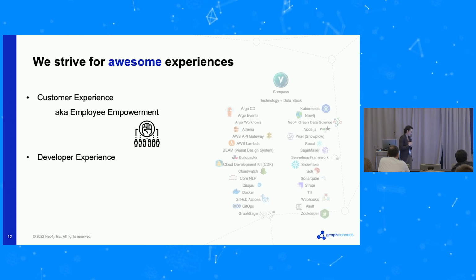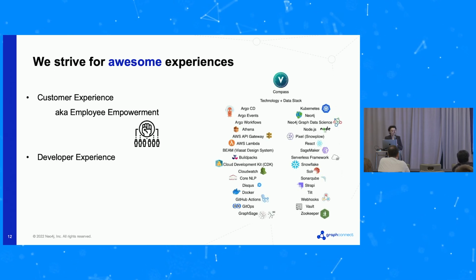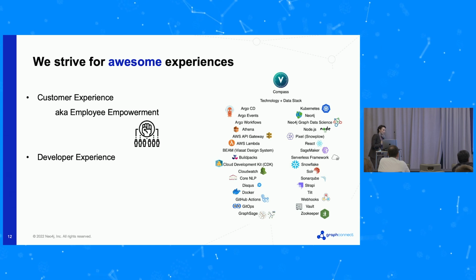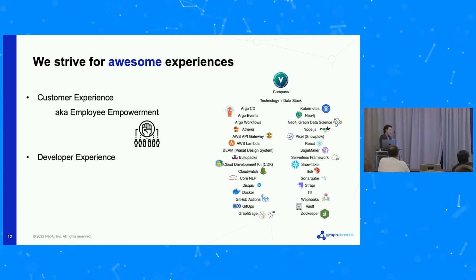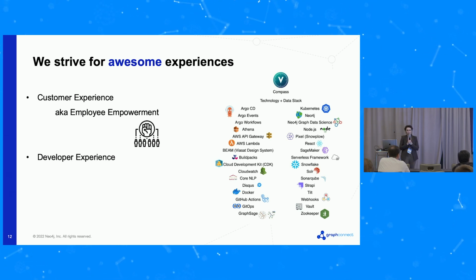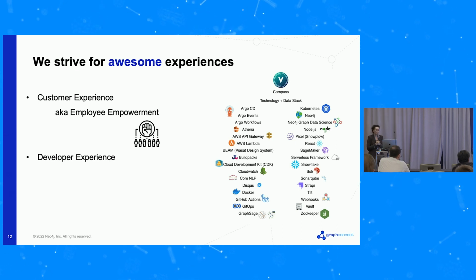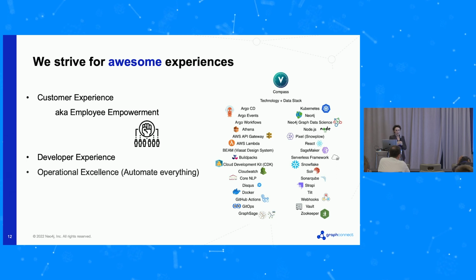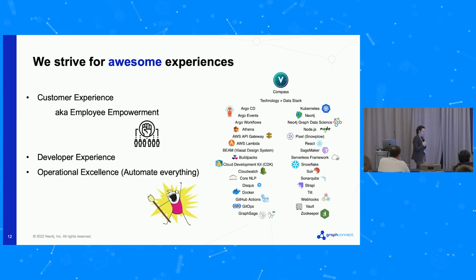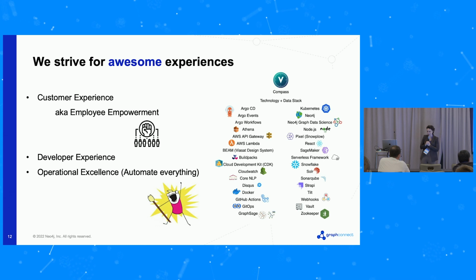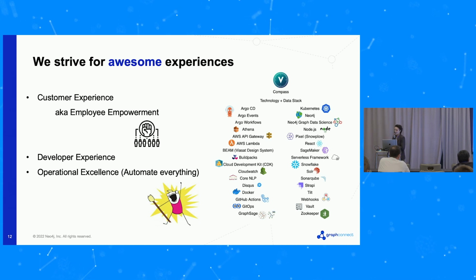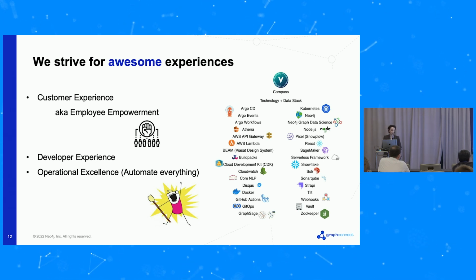But don't forget, we are a team of developers, so developer experience is really, really important to us. I have a lot of fun working on this project, and we try to make sure that everyone else is having fun as well. So what does this mean? It means that we establish some operational excellence and we automate all of the things, which has been a fantastic experience as well.